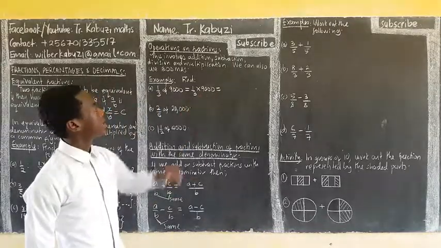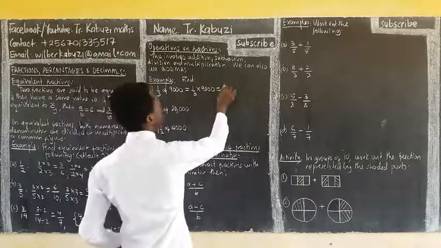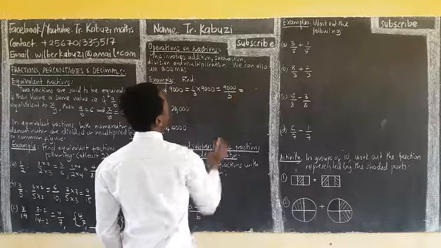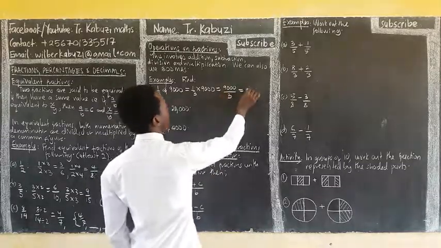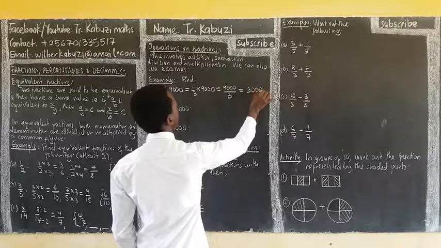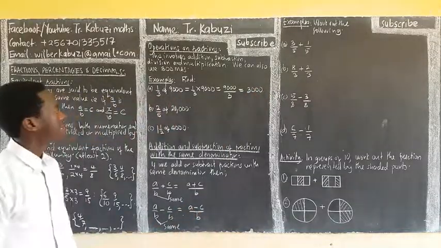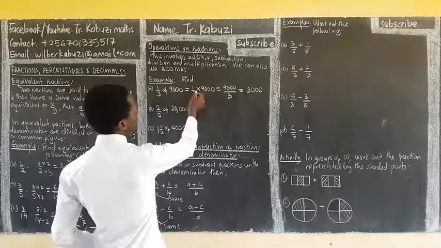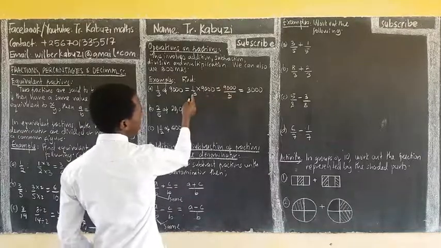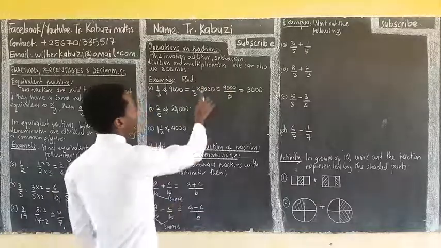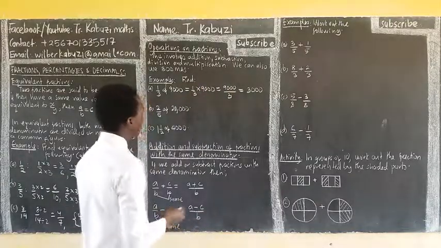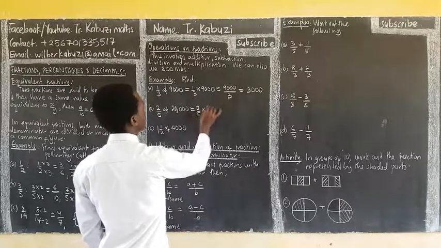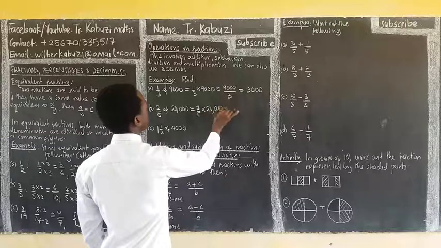So this times that. So this one is going to give us 9,000 over 3, which is going to give us 3,000, as simple as that. You can also handle this. But you can see here, you can now skip this step by saying 3 times this, that's what it will be. It will be the same. So this will also be 2 over 5 times 20,000.